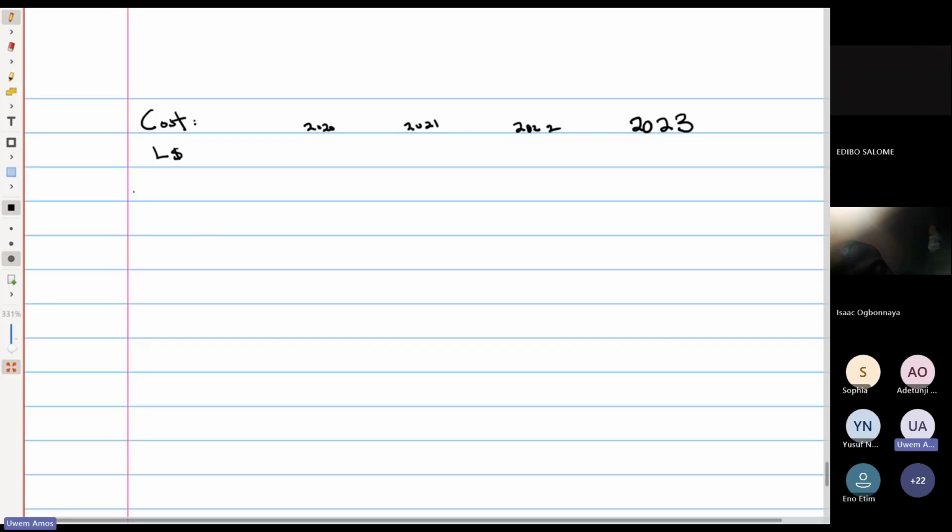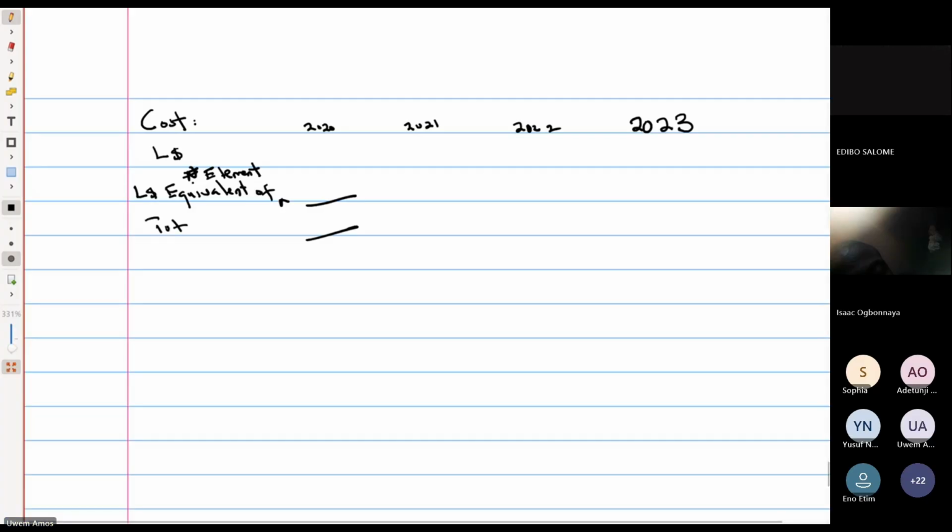We have the Lindarian dollar equivalent of the Naira element. We're going to come back to that one because we'll compute that separately, but we need to convert that one. So whatever we get, we sum it up to get our total cost.